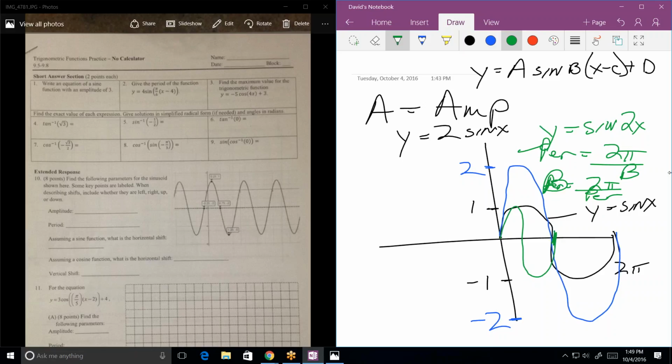Okay, now let's look at C. What if I said this? Y equals sine of x minus pi over 4. Well, first of all, let's see.